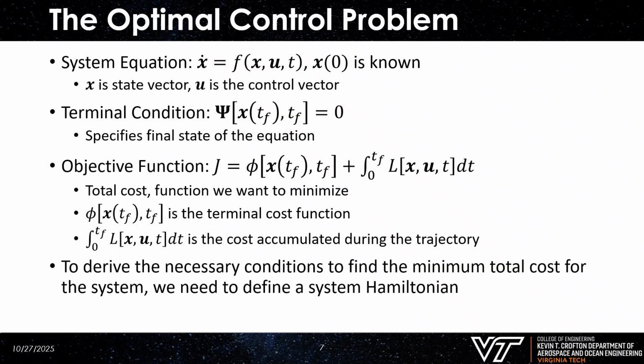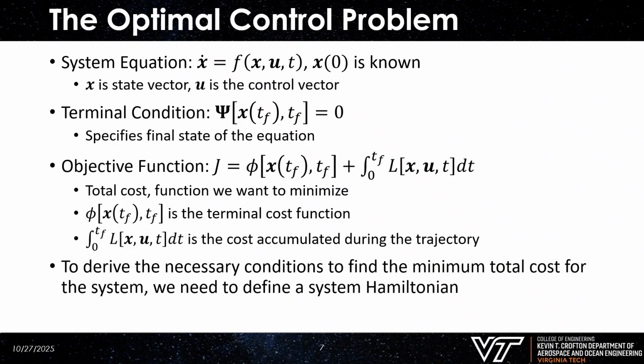Your terminal condition specifies your final state of the equation. So this could be the final position as well as the final velocity your spacecraft must have. The objective function is your total cost and the function we want to minimize.